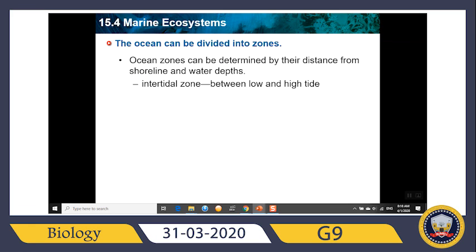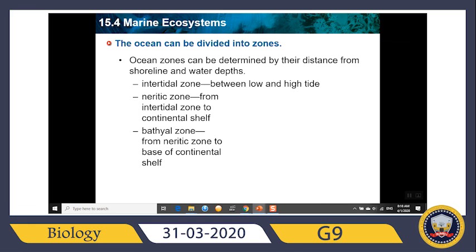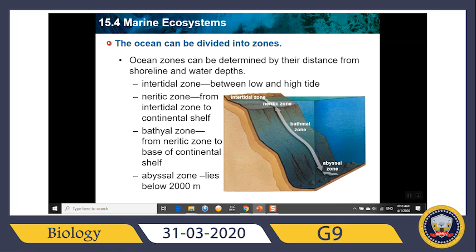The intertidal zone is between low and high tide, the neritic zone from the intertidal zone to the continental shelf, the bathyal zone from the neritic zone to the base of the continental shelf, and the abyssal zone lies below 2,000 meters.